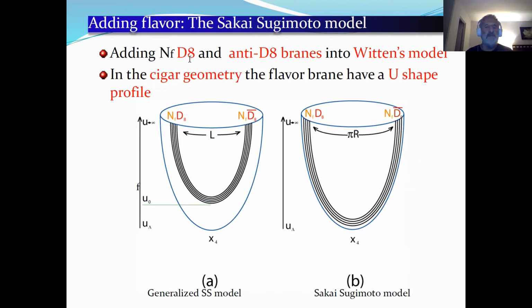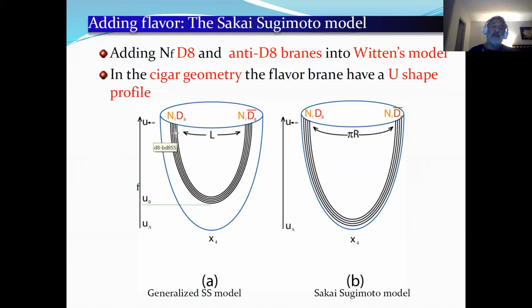These are 9-dimensional objects, but in this cigar they take a U-shaped form, and they can be either antipodal, as in the original Sakai-Sugimoto model, or, in what I call the generalized Sakai-Sugimoto, which is very essential for the construction of the HISH model, with some separation distance L, not antipodal.